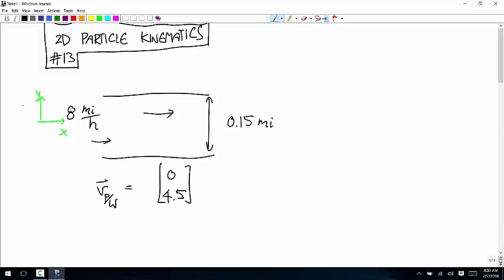The velocity of the water relative to the ground is in the positive x direction, the way I drew it, at 8, 0. And we want the velocity of the person relative to the ground.